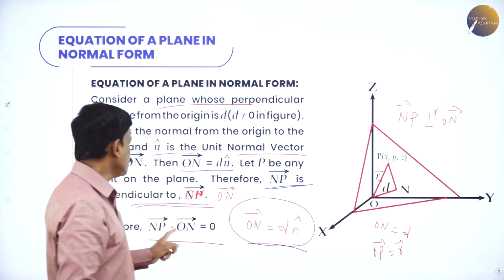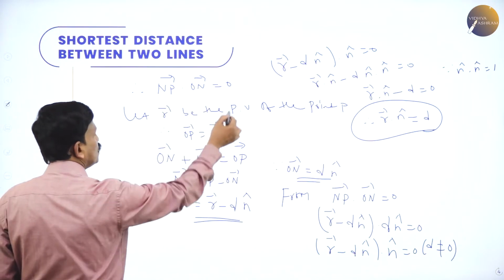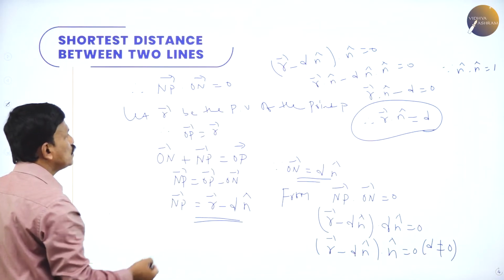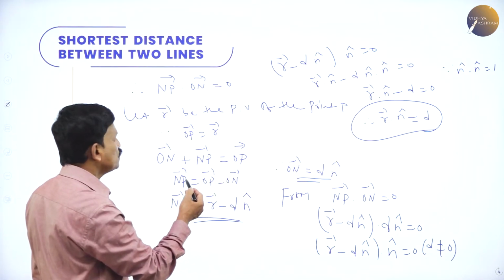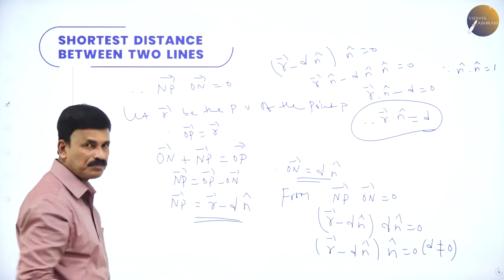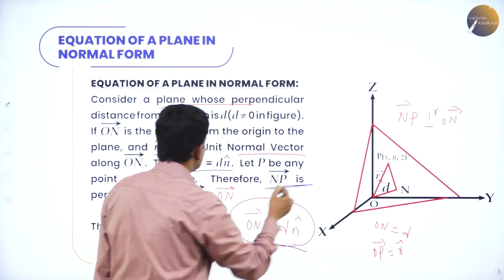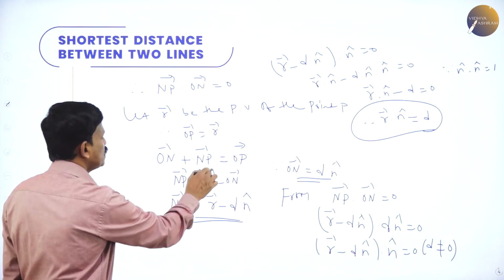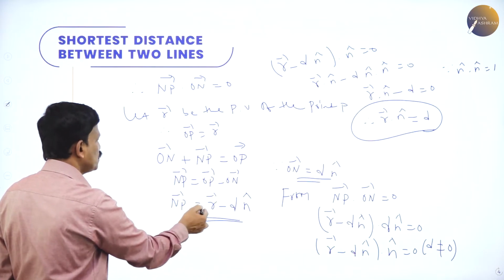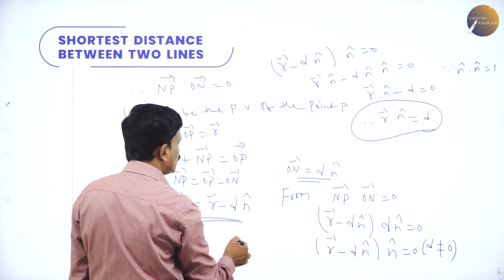Since, from the diagram, vector ON plus NP is equal to OP, NP is equal to OP minus ON, which is vector R minus D into N cap.